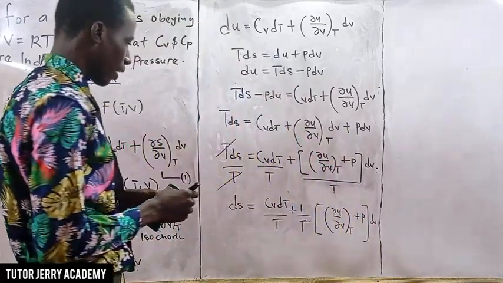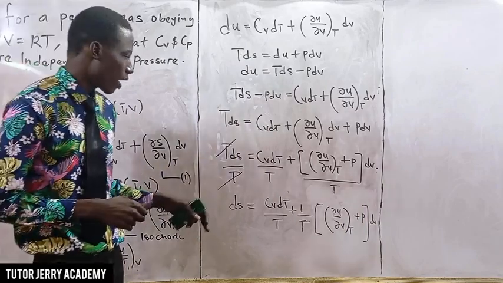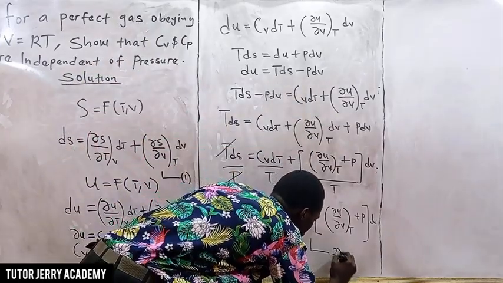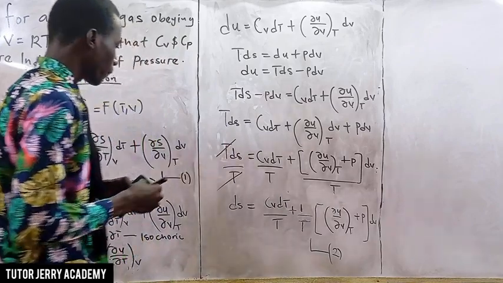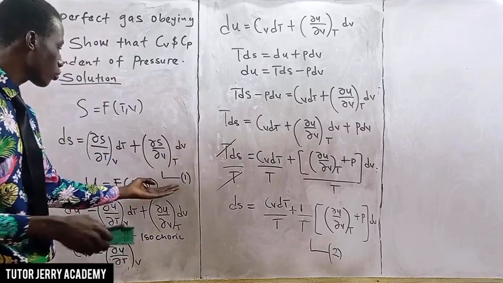So this is what we have by dividing through by T. Next, we can call this equation 2. Now we are going to be comparing equation 2 and equation 1.